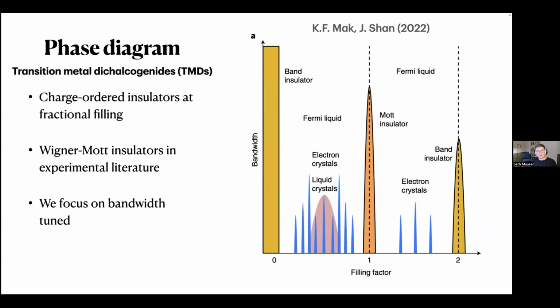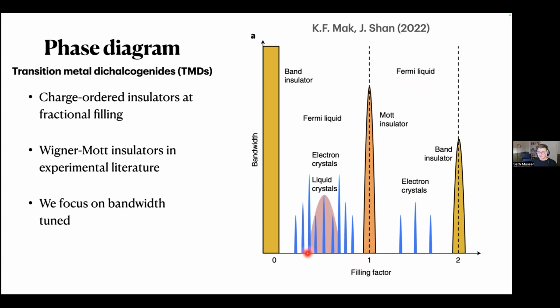So if we now fill in the schematic phase diagram, at a specific filling factor, say 1, you can see the Mott insulator arise. Now, of course, as you increase the bandwidth and you make the kinetic energy stronger, you're going to bias the system towards a metallic phase, a Fermi liquid phase.